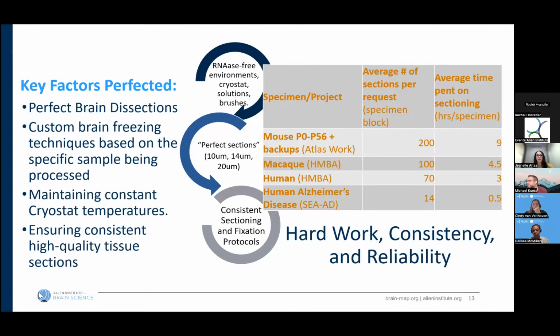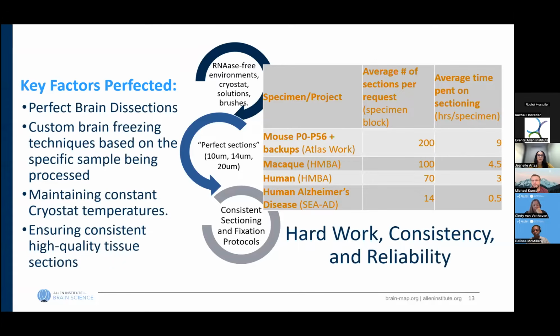To have an idea of how many hours it takes to section an entire mouse brain, for example, for the mouse brain atlas, it takes us like 200 sections. We collect 200 slides, and the average time that we spend sectioning is 9 hours. So we take two shifts to avoid one person taking all the job and being exhausted, which causes any problems during the sectioning.